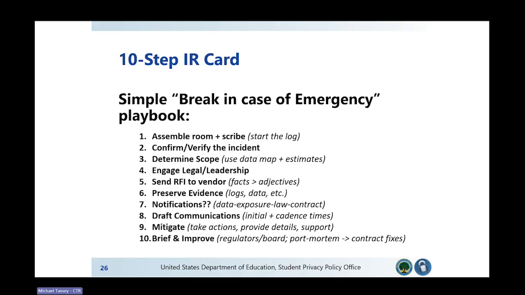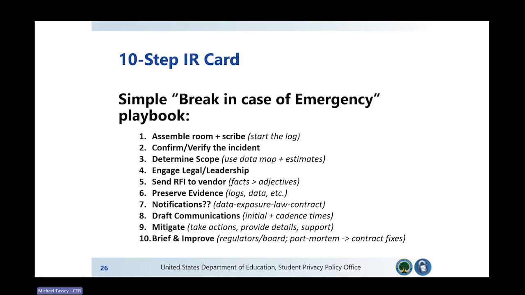So here's an example, a simple break glass in case of emergency playbook. You can create this as a laminated playbook that turns your breach apocalypse into another Tuesday, right? So one, assemble and scribe, right? Get everyone into the war room, wherever your incident response is going to be centered.